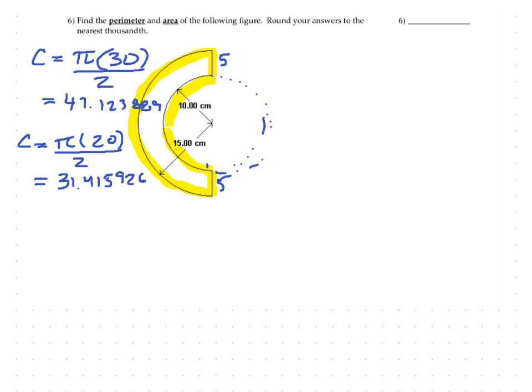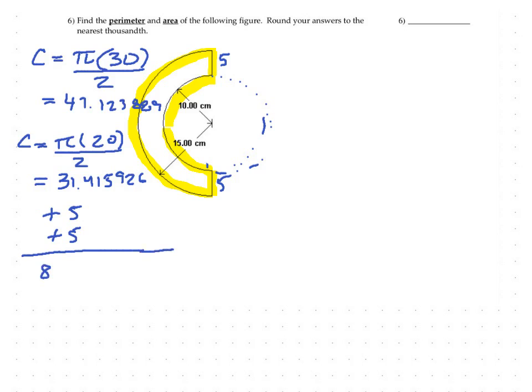Now the perimeter, I want to go around the outside edge. I've got to add the 2 semicircles plus the 5 and the 5 to get the grand total. If you're walking around the shape, the C pattern, you've got to also add up the ends.